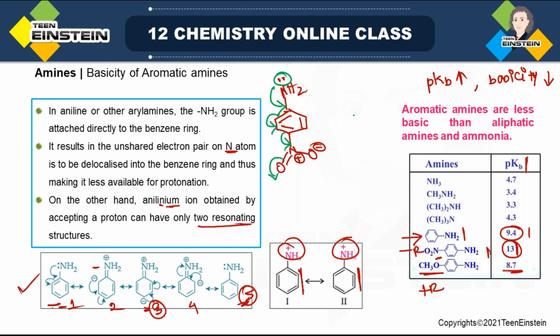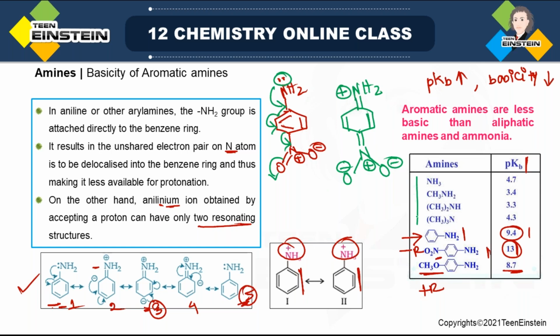So the new resonance structure that you are getting, this is positive, there is a negative charge over oxygen. So because of this electron withdrawing group, now the lone pair over nitrogen, its availability is further reduced, and that is why it is the least basic among all these.